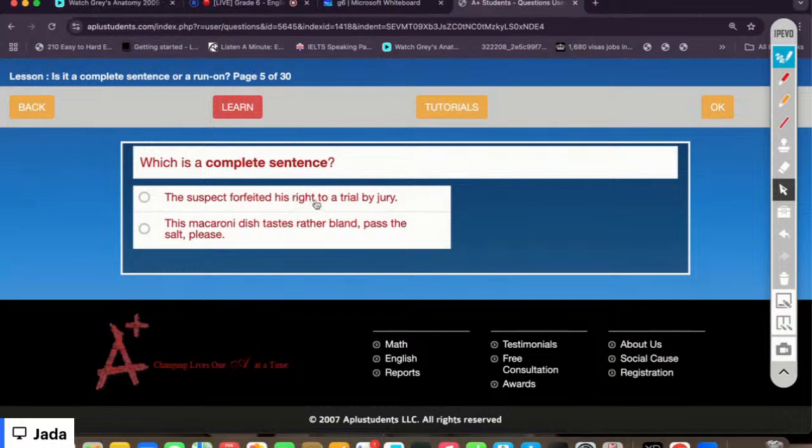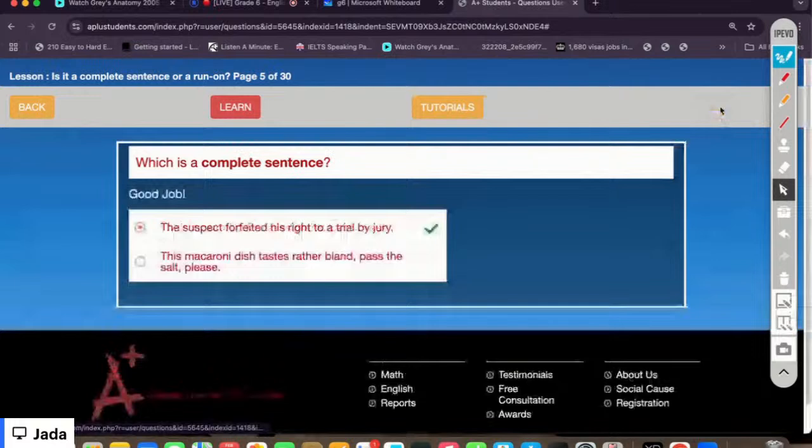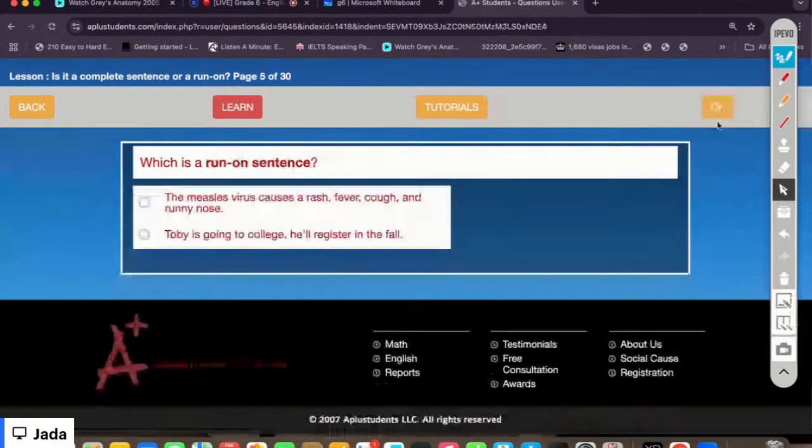So it will be the first one, which says the suspect forfeited his right to a trial by jury. Okay, so which is a run-on sentence? The measles virus causes a rash, fever, cough, and runny nose. Toby's going to college. He will register in the fall. So what's the run-on sentence here?